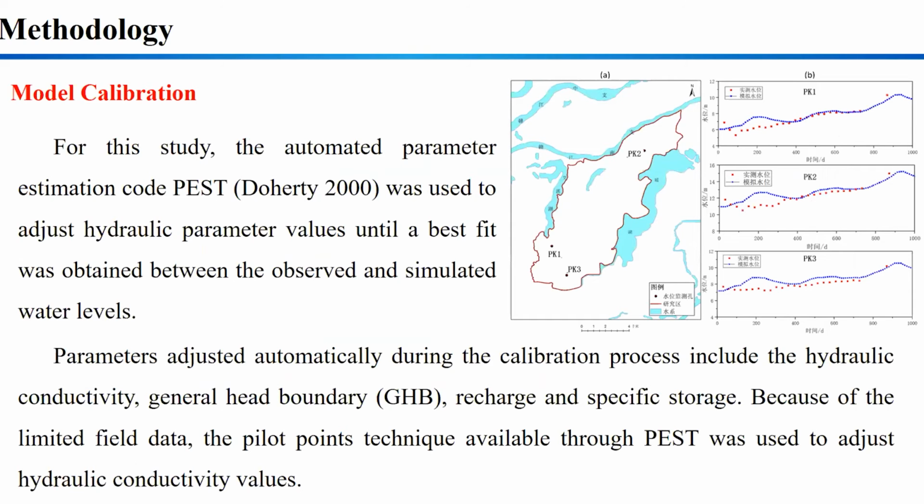The model calibration. For this study, the automatic parameter estimation code PEST was used to adjust hydraulic parameter values until the best fit was obtained between the observed and simulated water levels.